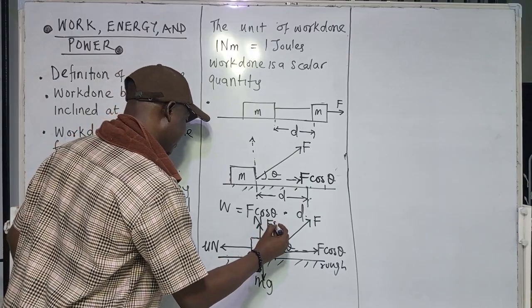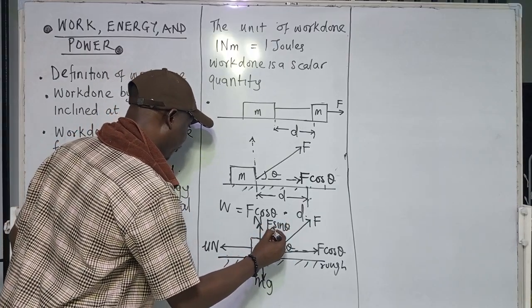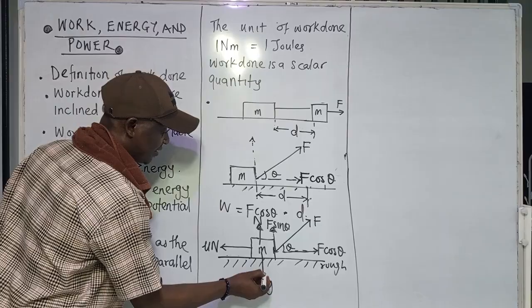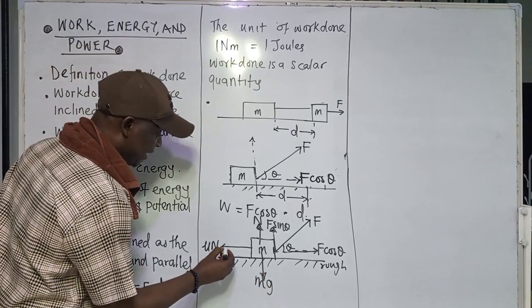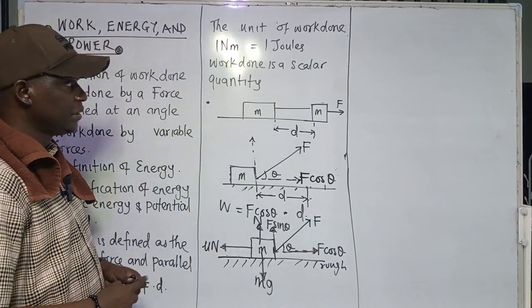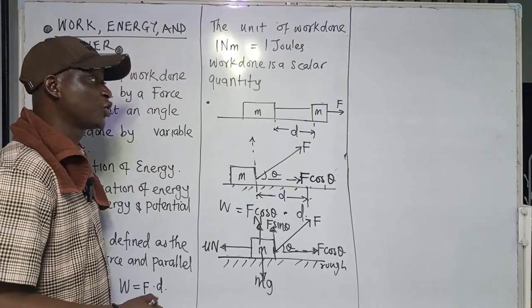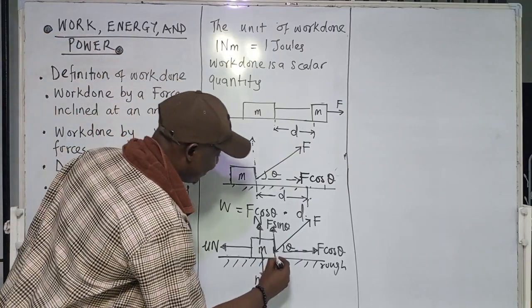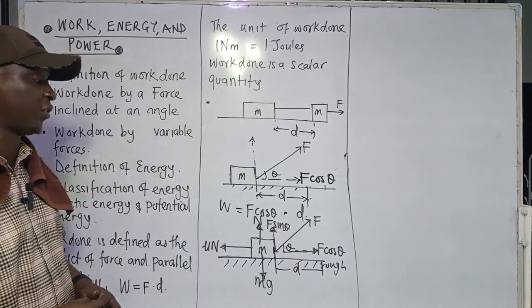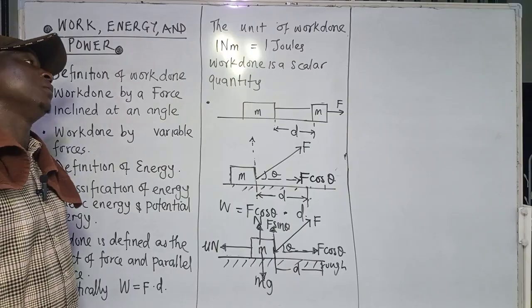Here, y will now be F sin theta. So how many forces do you have acting upward now? 2. How many acting downward? 1. How many acting backward? 1. How many acting forward? 1. Now, in this case, we assume that it moves a distance d with a uniform velocity.